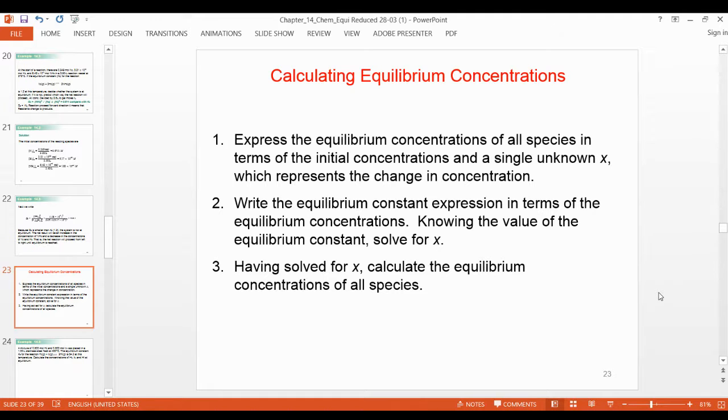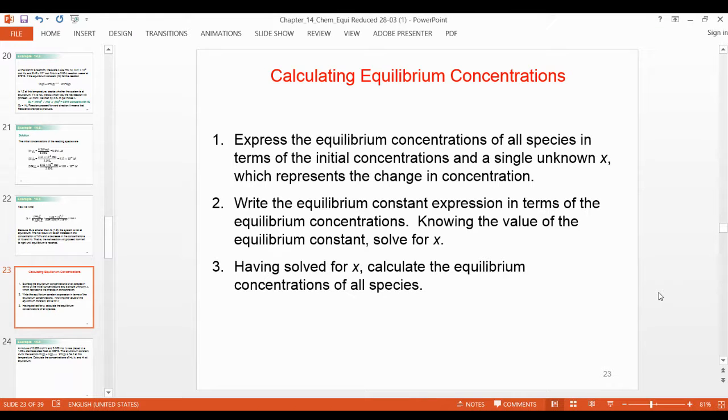So for that change of the reactant to the product, we consider it as X. We suppose X is the concentration of reactant that changes, and we calculate X later on.